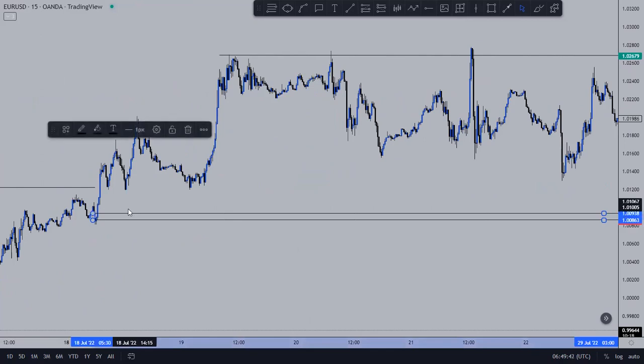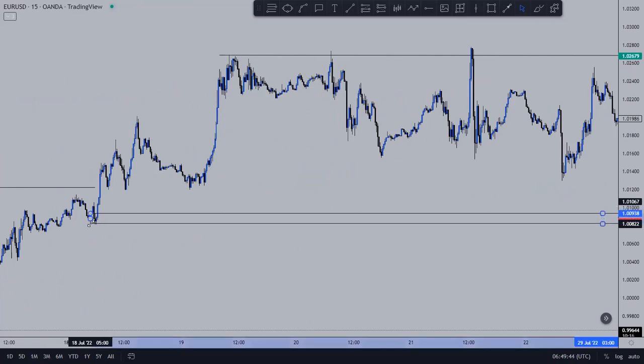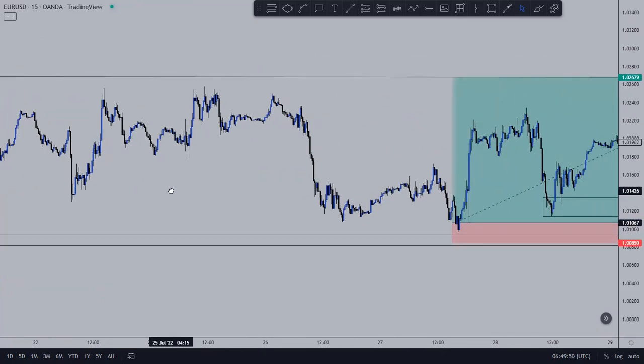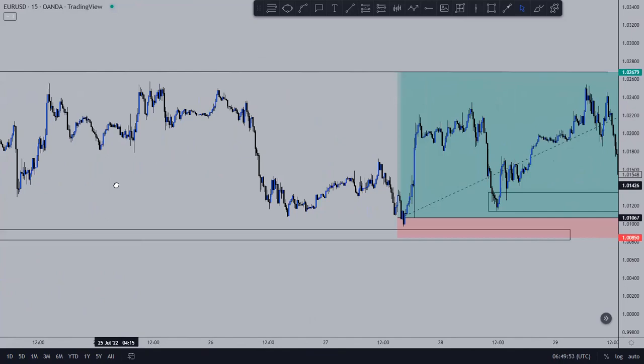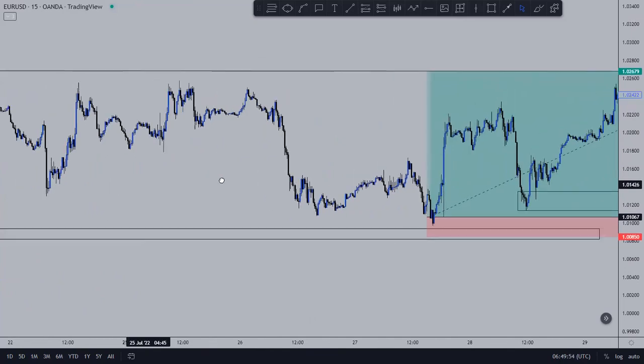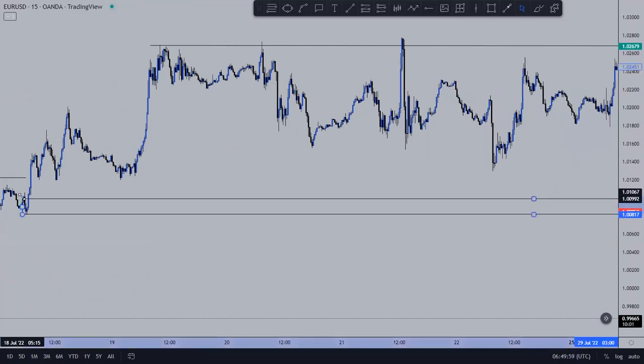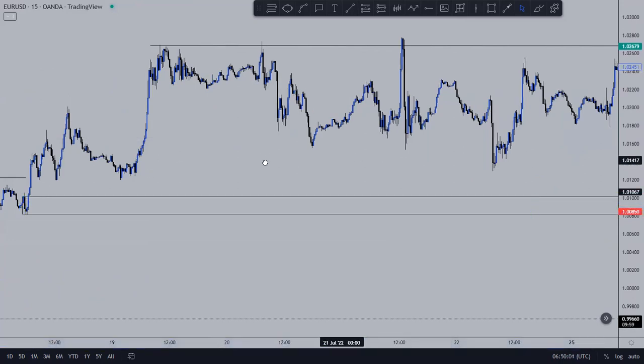Let's try to refine the order block on the 30-minute. Once you refine it like that, that's how you can actually get a bigger reward compared to risk. But if I do that, maybe I was not even able to take the entry. So it's okay as it is on the 1 hour like that.